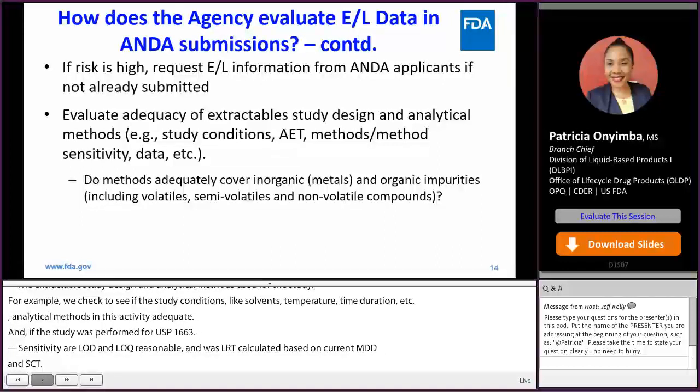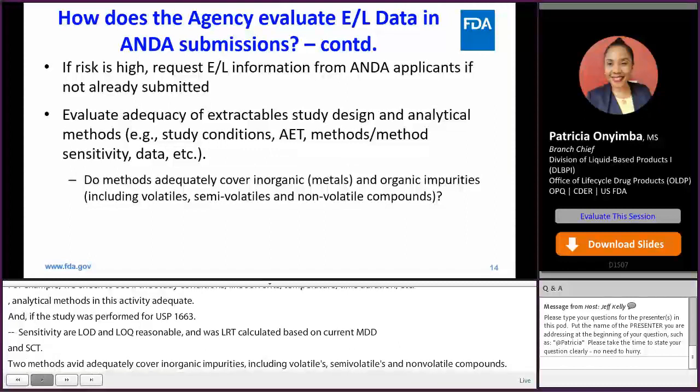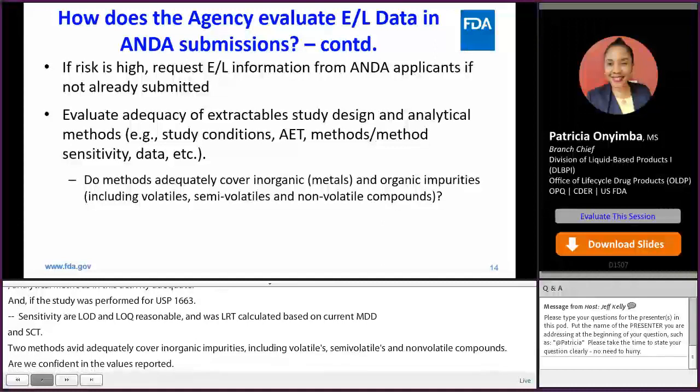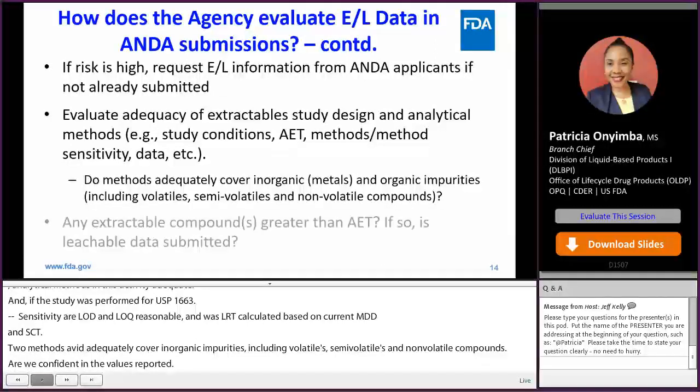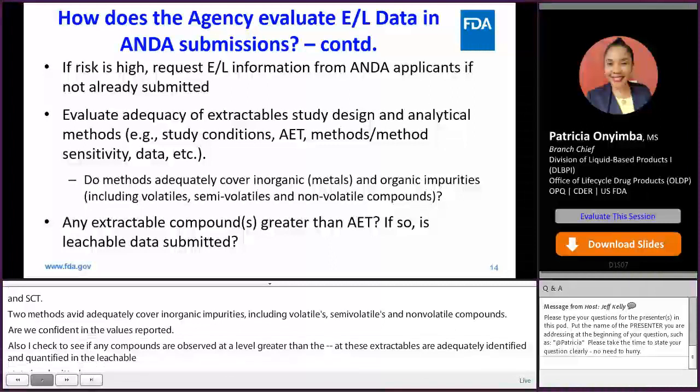Do methods adequately cover inorganic and organic impurities, including volatiles, semi-volatiles, and non-volatile compounds? Are we confident in the values reported? We also check to see if any extractable compounds are observed at a level greater than the AET, and if these extractables are adequately identified and quantified, and if leachables data is submitted.